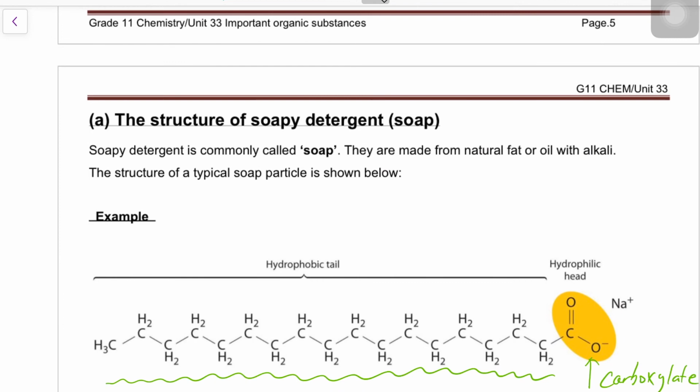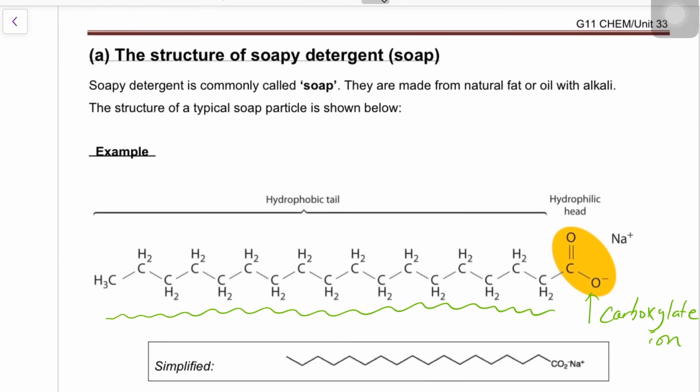Now, how can we understand the structure of the soapy detergent? Why do we call them soapy? Because they come from natural fat or oil with alkali. Natural fat, maybe what you can relate to is peanut oil, vegetable oil, or even butter.